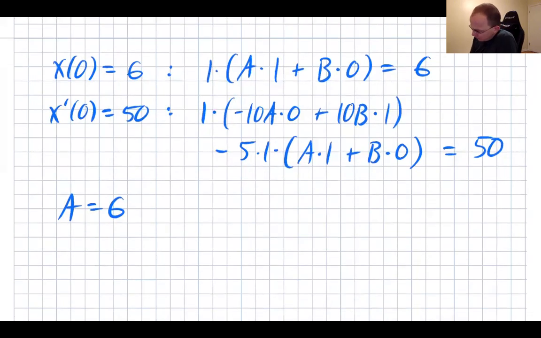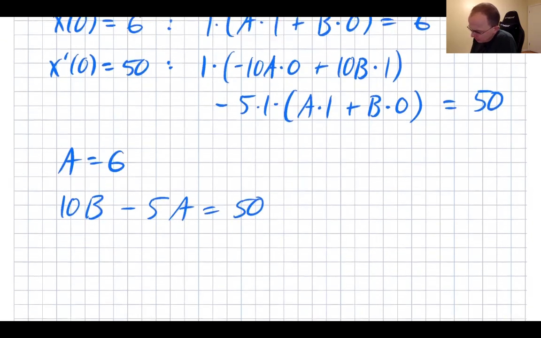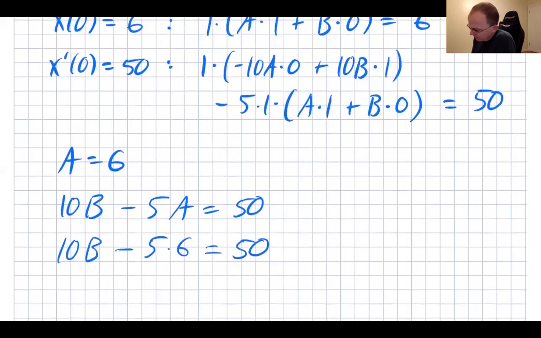And then from the second equation, we're going to have 10b minus 5a is equal to 50. But I can substitute that value of 6 in, and so we'll get 10b minus 5 times 6 equals 50.